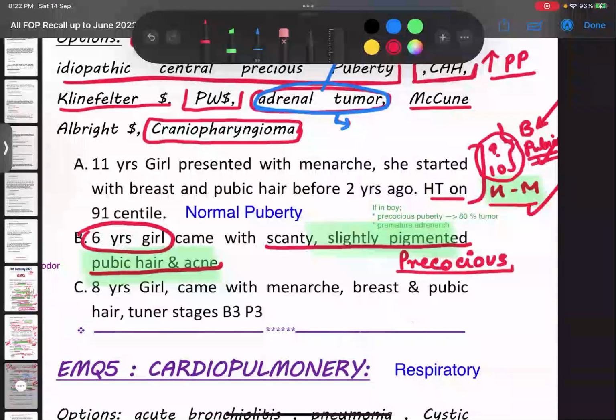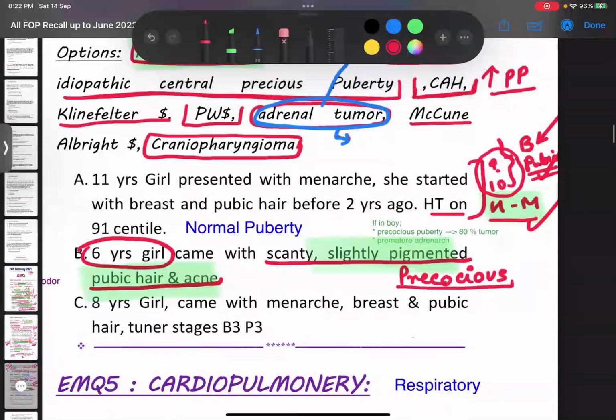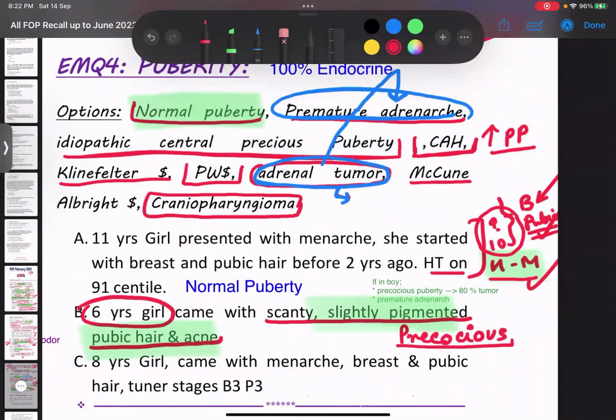But usually the signs are very prominent and very aggressive in case of adrenal tumor. Both are possible here. Since the scenario looks very mild, we can say this is a case of premature adrenarche. Both are correct.